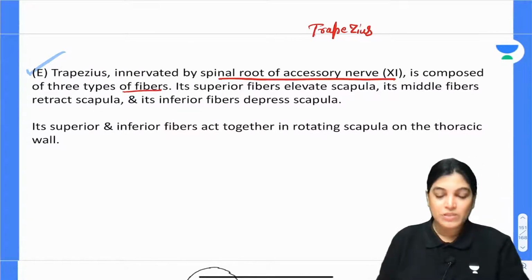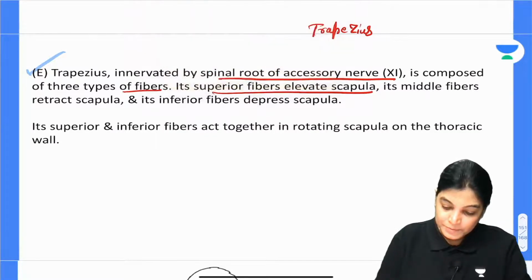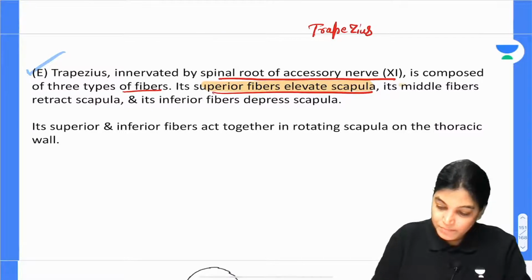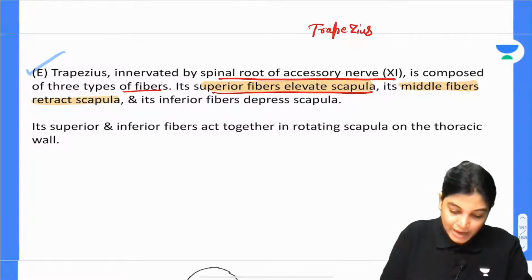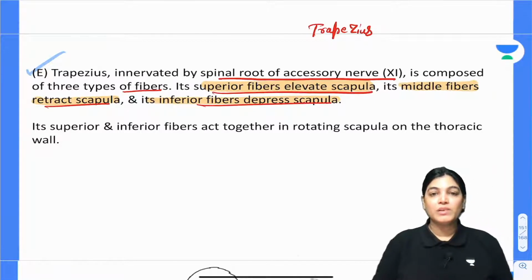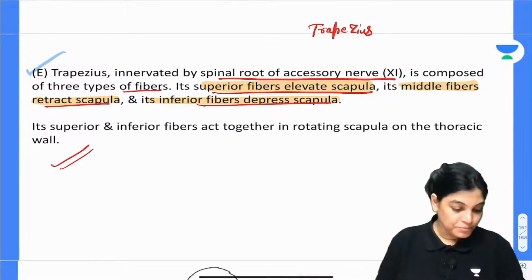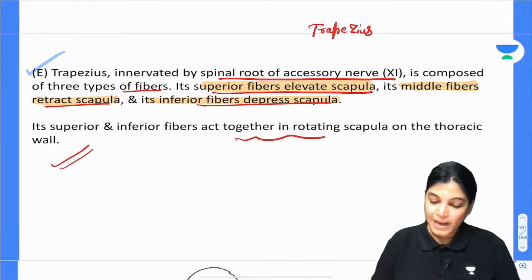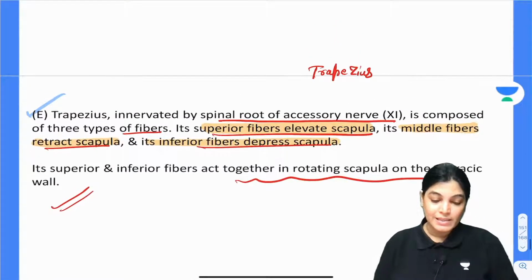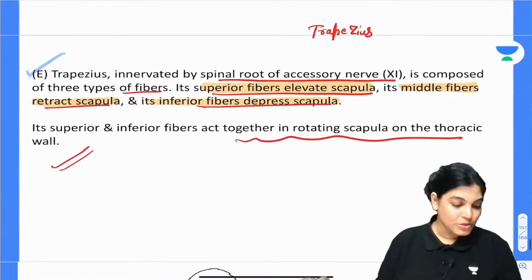Superior fibers will elevate the scapula, middle fibers will retract the scapula, inferior fibers will depress the scapula. So this is the action. And when the superior and inferior fibers act together, they will rotate the scapula. Is it okay, everyone?